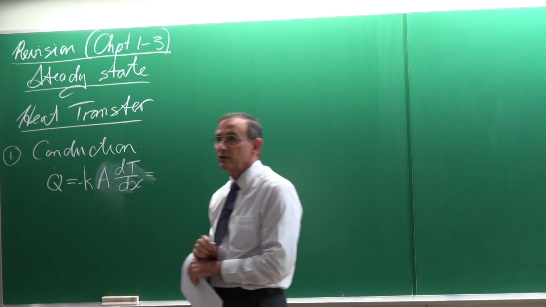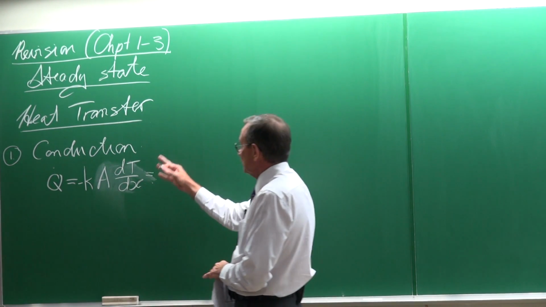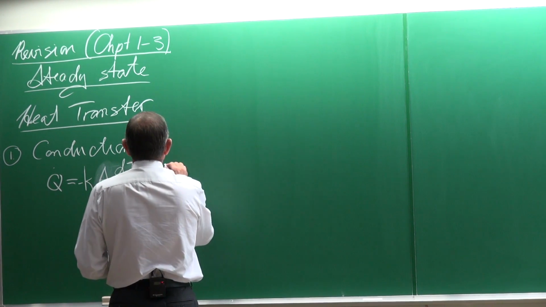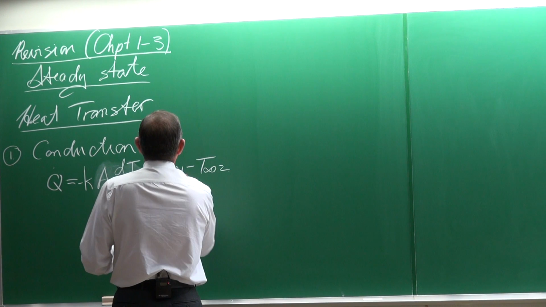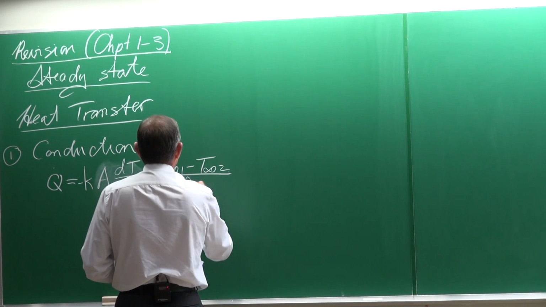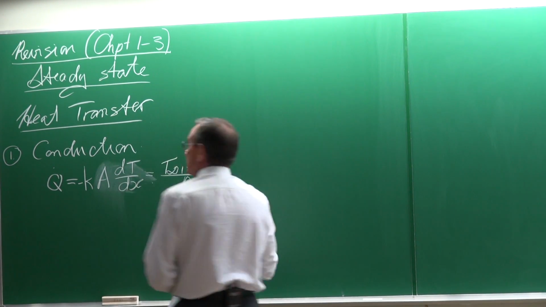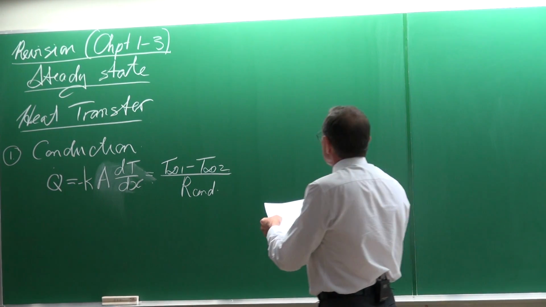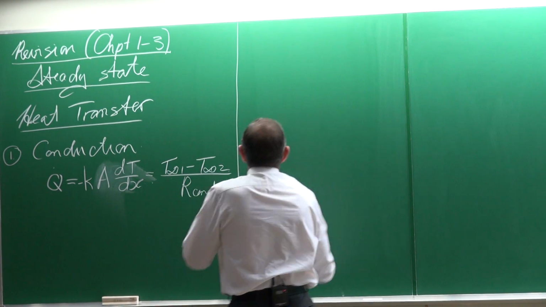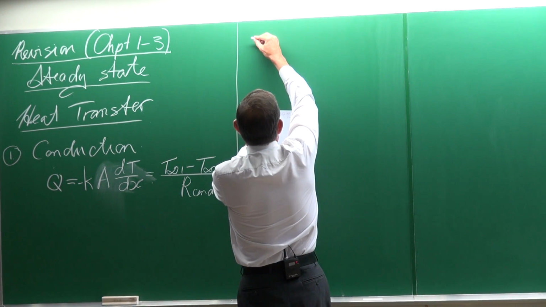However, later on in the last chapter, actually chapter 3, you wrote it in this format of a temperature difference of 2 surfaces divided by a conduction resistance. And for this conduction resistance, there can be different possibilities.